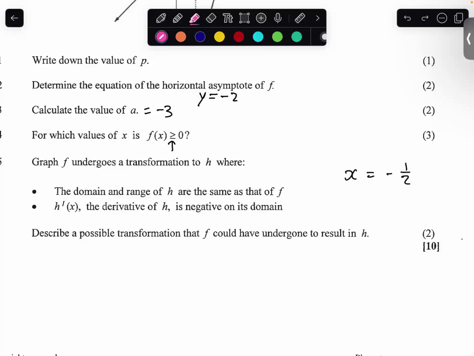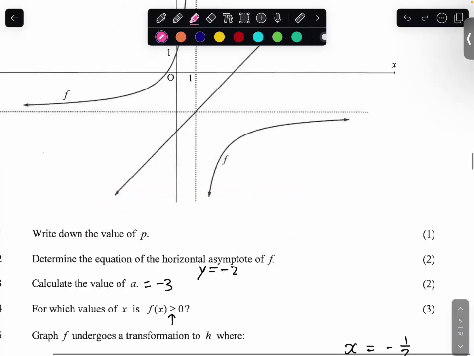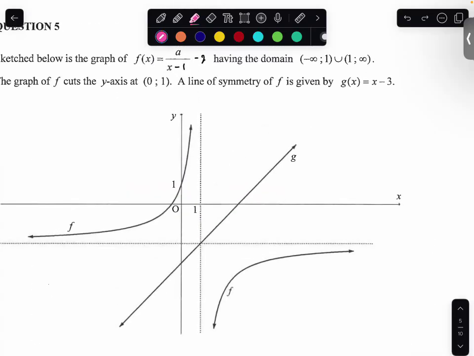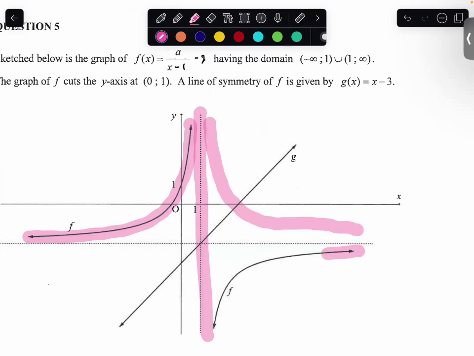I think the main thing here, this is here to confuse the heck out of you, but the main thing is this. If you focus on this alone, I think you'd get the answer. The domain and range of h and f are the same. That's going to happen if you fold over this line. So meaning if you reflect across that line, this graph is going to lie here, and this graph is going to lie here.